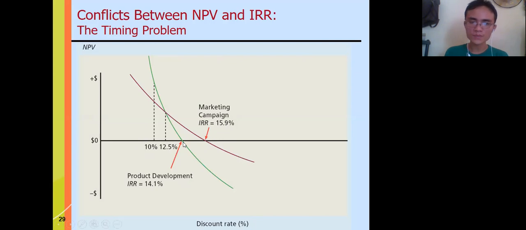So this is 14.1%, higher, so we will accept the project. If we have limited capital, of course, we will have to accept everything. IRR here is 15.9% for this one, and this particular 12.5% is directed towards the violet one. 15.9% is higher than 12.5%, so accept the project under the IRR ruling.